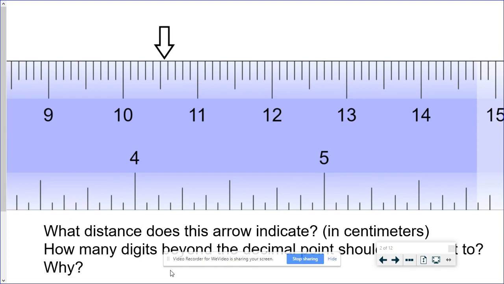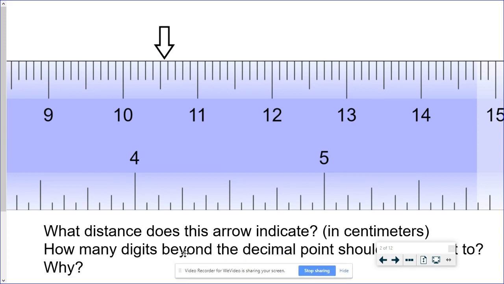With this example, we see that we're dealing with a centimeter ruler here. This is going to be somewhere between 10 centimeters and 11 centimeters. And they've given us divisions here for actually millimeters. So if we were to read this for centimeters, we would see that it was 10.5. We know that for sure because we can see the line here.